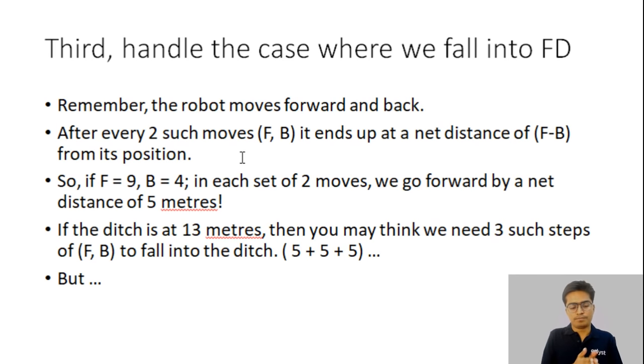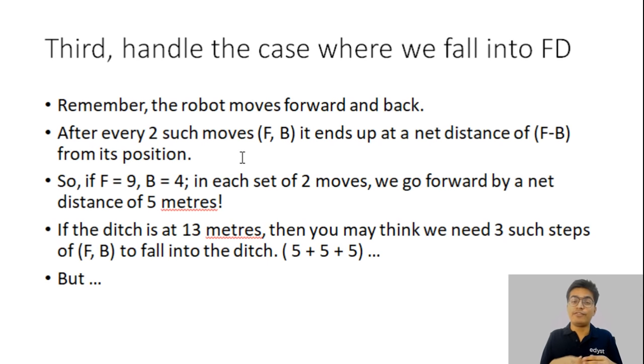So if I were to go forward by 9, come backwards by 4, then my net displacement here is 5. Because from 5 I can again go forward to 14 and then come back to 10. From 10 I can go to 19 and come back to 15. You go back by 4 units.